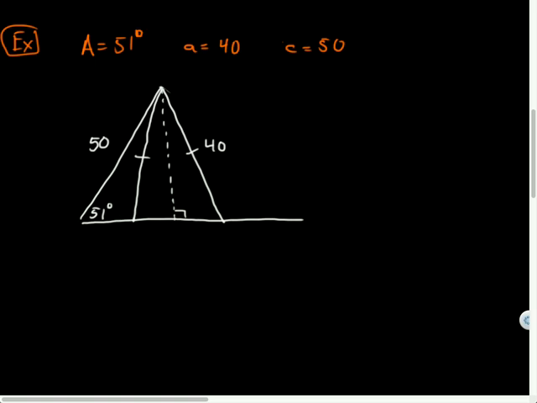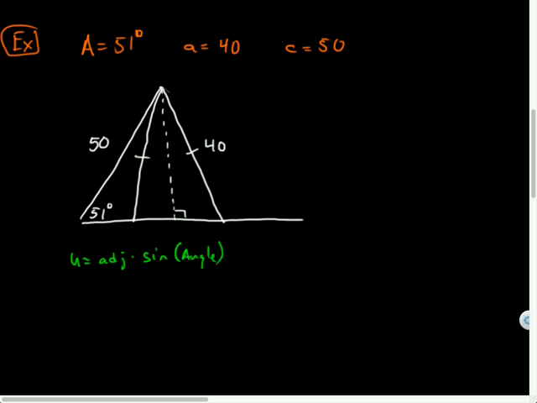How would I know that? It's acute. I look at my chart. I have to figure out, is my opposite equal, longer, or shorter than the height? How do I find the height? You guys remember the formula to find the height? It was the adjacent multiplied by the sine of the angle. So here's the height.